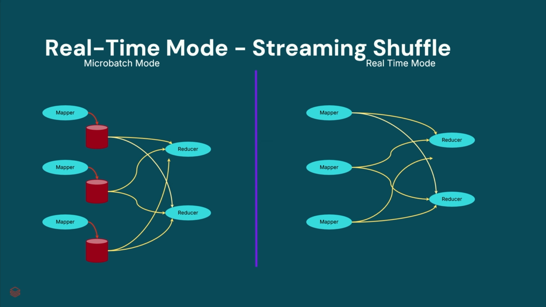This is more point-to-point. Mappers send data directly downstream to reducers. Upstream sends downstream data immediately when it's available. That's how we achieve low latency: concurrent stages, and a streaming shuffle that can push data out immediately.